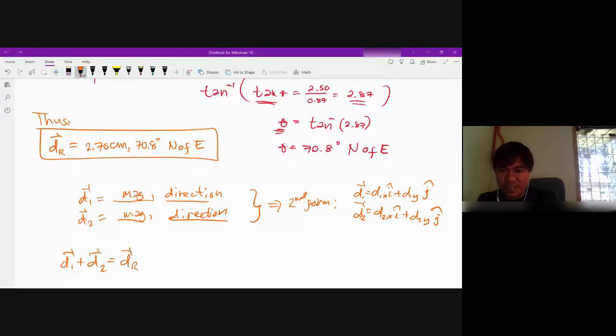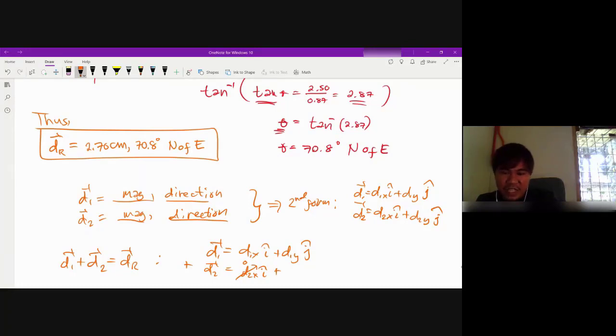So itong ibuhat is, naanaman tayo katong dagway na this one, D1x i hat plus D1y j hat plus na kay D2 which is naibalaan na to nga zero man tong component ato niyo. So zero ang x component. So meaning, sige ako lang isulat D2x i hat but then this is zero.